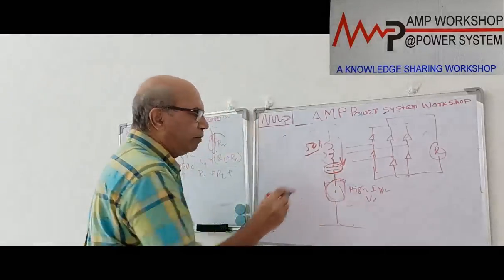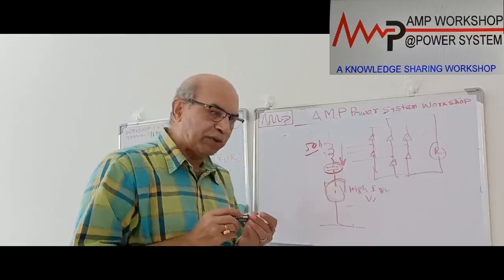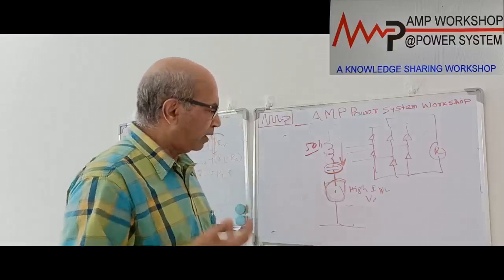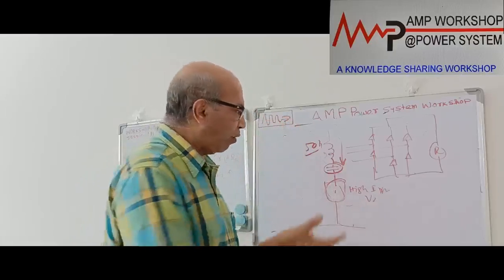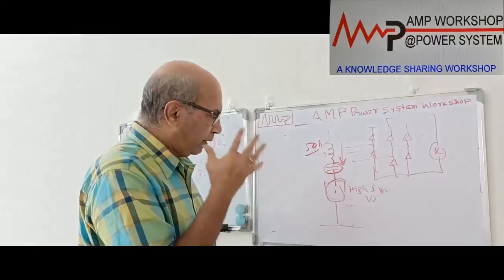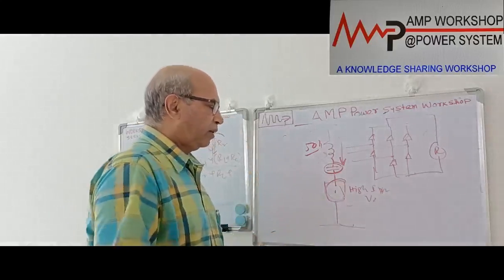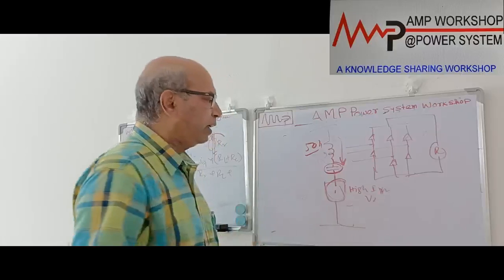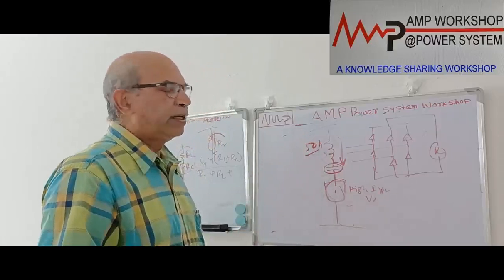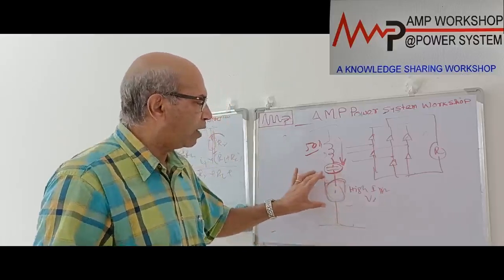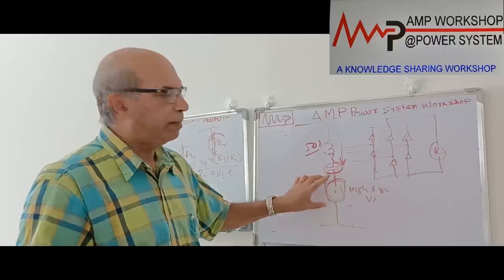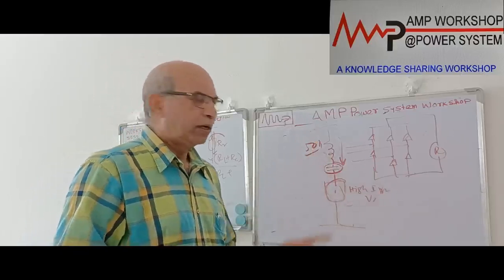So this relay will not respond to any other frequency current or DC component; it will react only to the 50 Hz supply. This is called the high impedance differential scheme or high impedance voltage balance scheme, because this relay works as voltage measuring equipment, since very low current is passing through it.